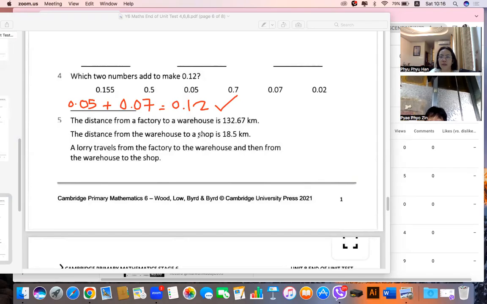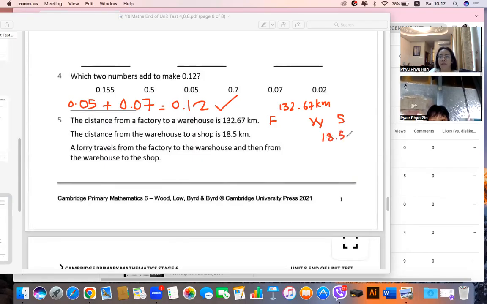The distance from a factory to warehouse, okay? So factory to warehouse is 132.67 kilometer, okay? And the distance from the warehouse to a shop is only 18.5 kilometer.